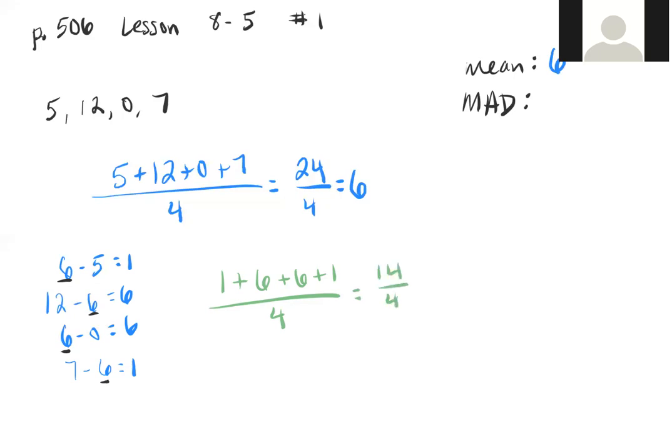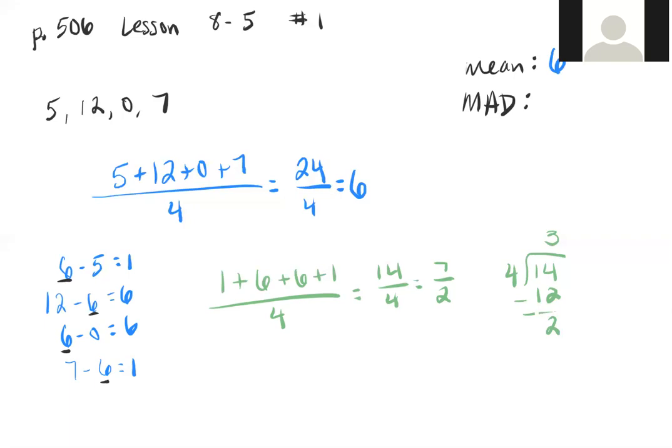Now I could either simplify that fraction since they're both even numbers and get 7/2, or I could divide that to get a decimal. 4 goes into 14 3 whole times. 3 times 4 is 12. 14 minus 12 gets me 2.